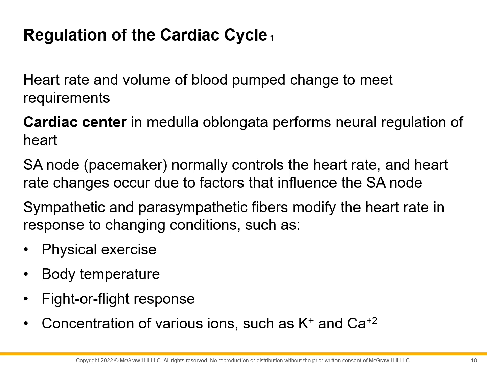Also, in case of high blood pressure, high temperature, this will lead to increase the heart rate and the cardiac cycle as a whole. And also during fight and flight, this, as you know, will stimulate the sympathetic system, and this will also increase the heart rate. And also the ions such as potassium and calcium, both of them will lead to changes in the cardiac cycle, and they may lead to arrhythmia.